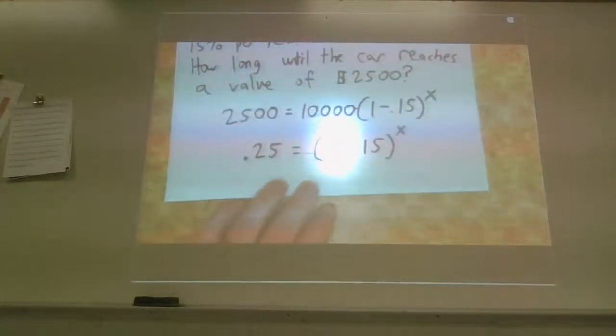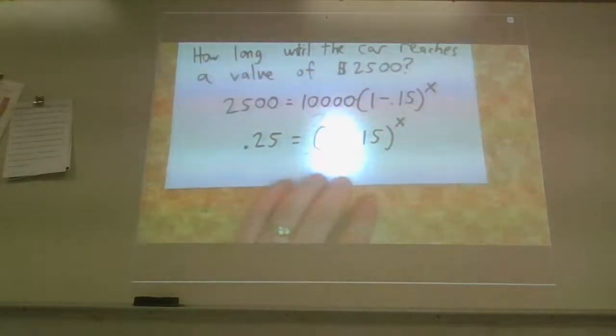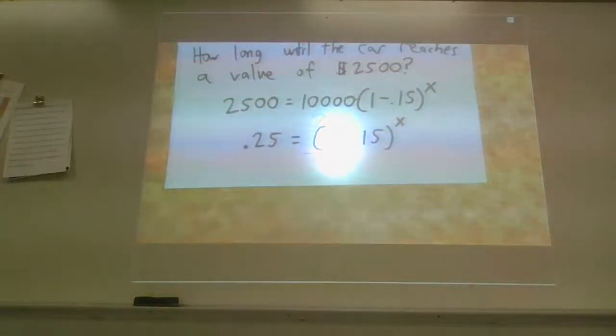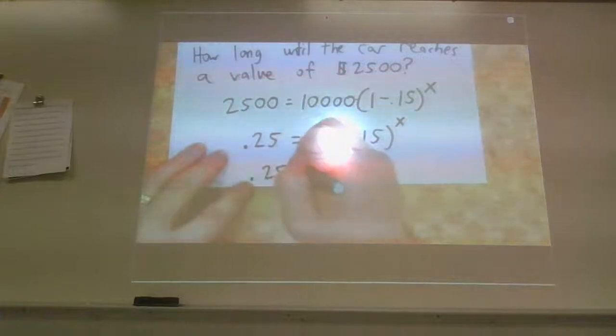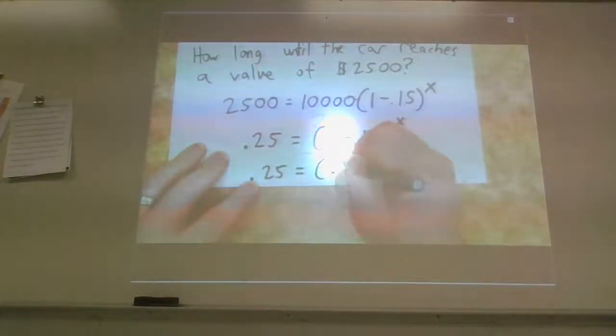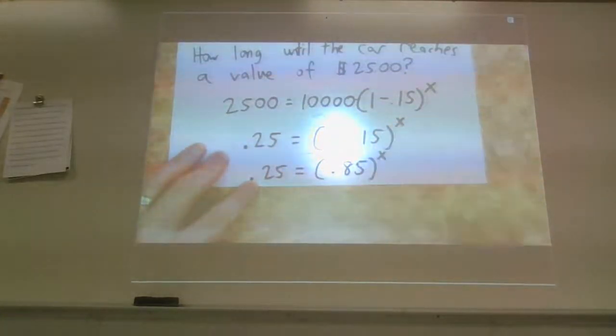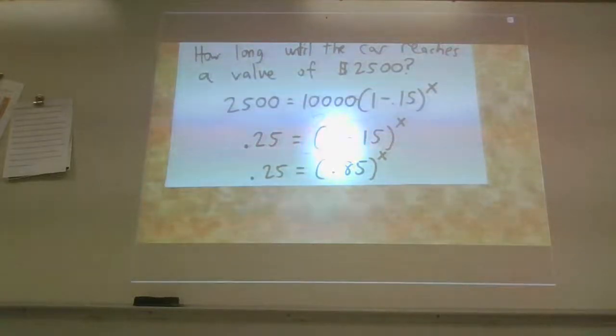Now I'm ready to solve for x. Next, within those parentheses, you could just make it 1 minus 0.15, which is 0.85. But now I'm ready for the logarithm.